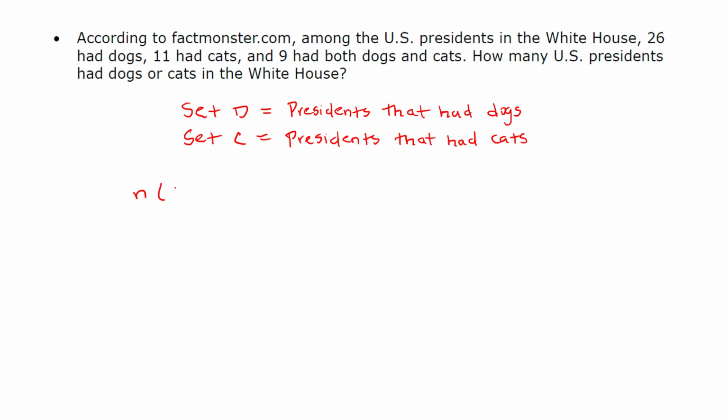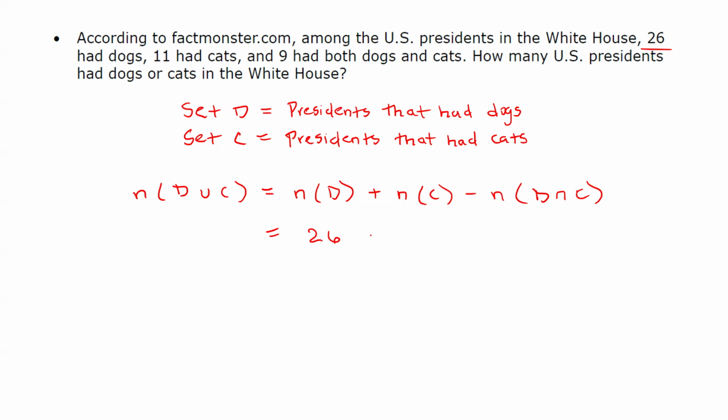So if we set up our formula, we'll have D union C equals the number of set D plus the number of set C, minus the number of D intersect C. The number of presidents that had dogs was 26.